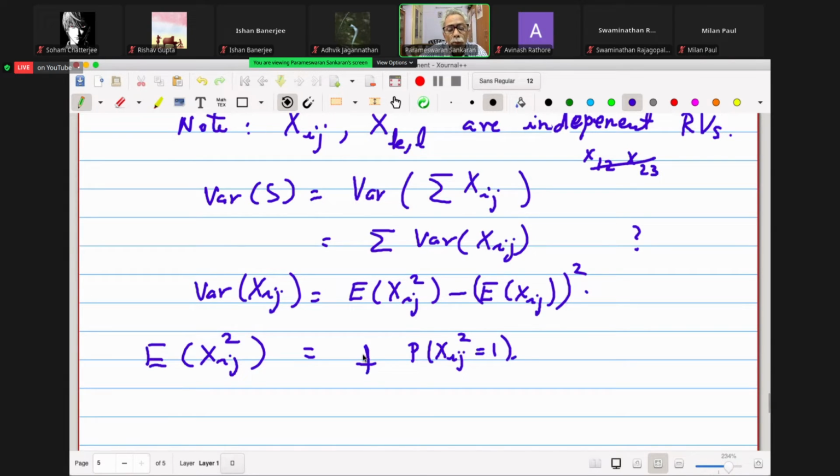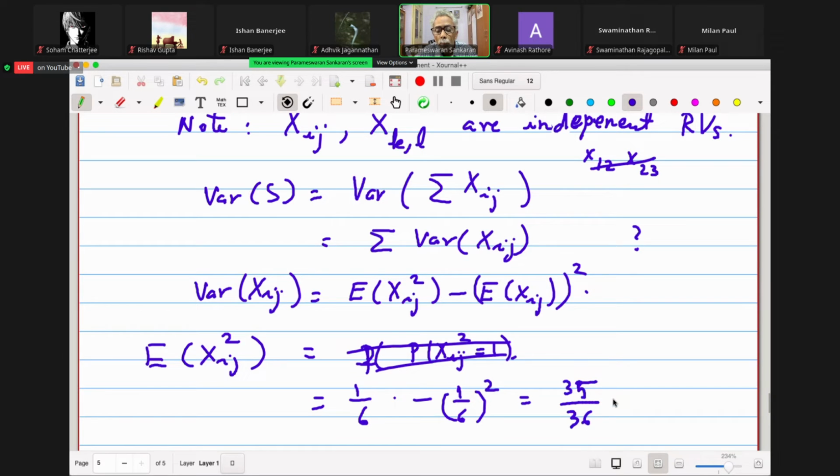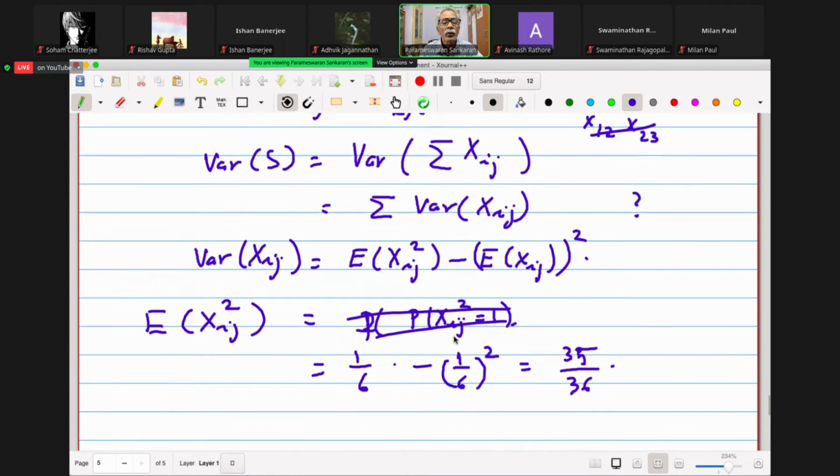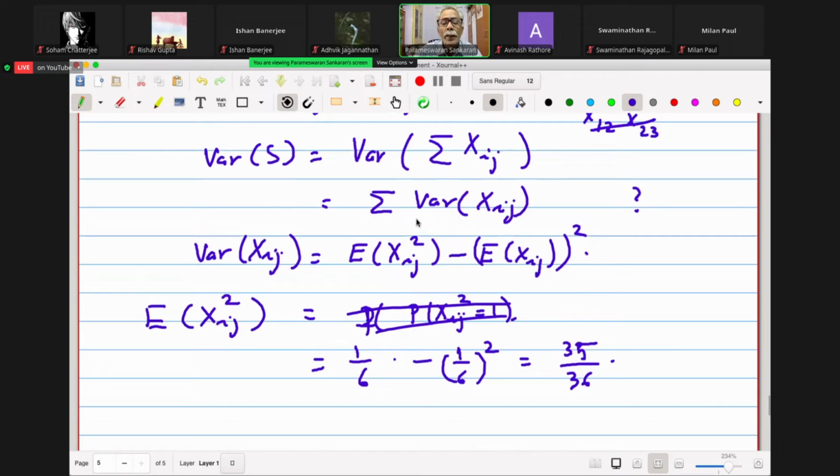Xij square is actually xij, so this is just 1 by 6, I suppose. And this one is already 1 by 6 and then whole square, so 1 by 6 square. So you can compute it, 35 by 36. Anyway, whatever it is, just compute it. Okay, so this is very easy. Then you just substitute that in here.